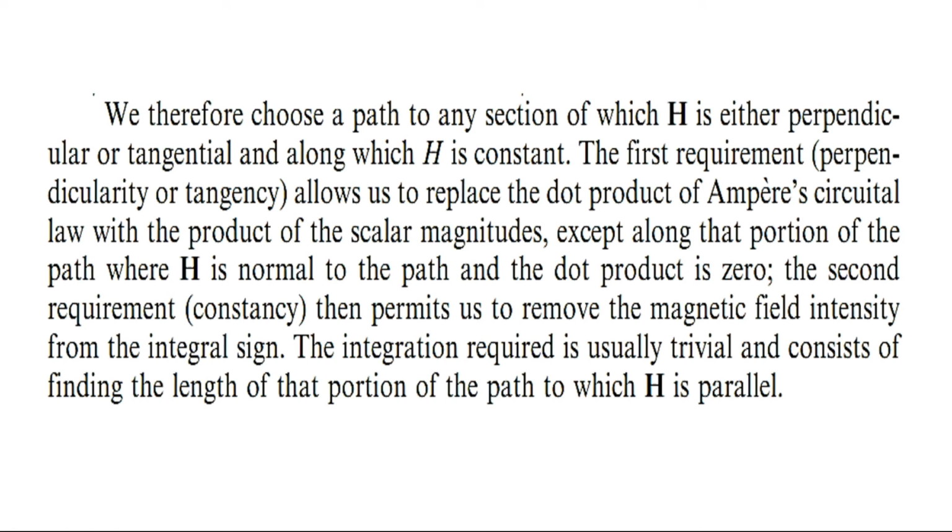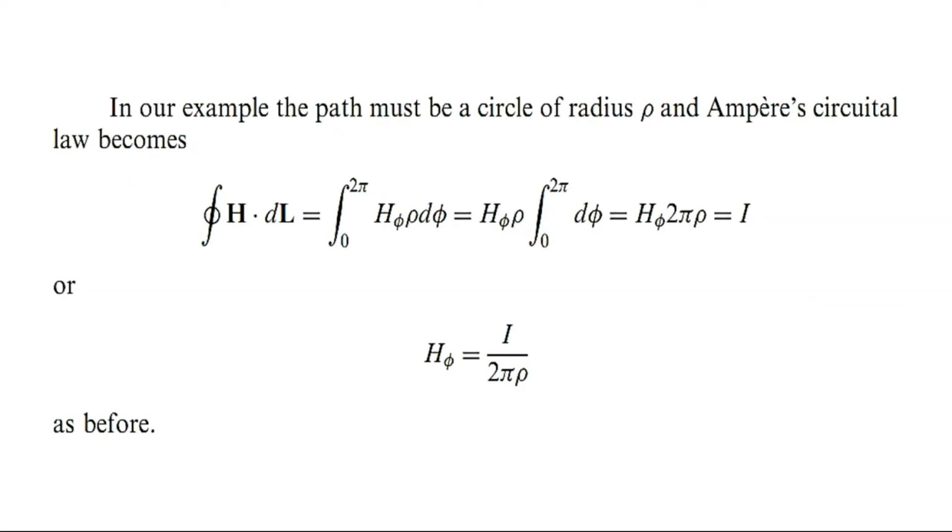As I already told you, the differential length dl has three components: d rho, d phi and dz. But as we have the dot product, we will only consider that component which is parallel to H. As H has only the phi component, we will take the phi component of dl, and that is rho d phi.